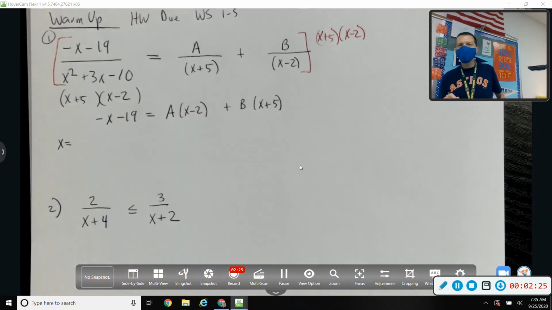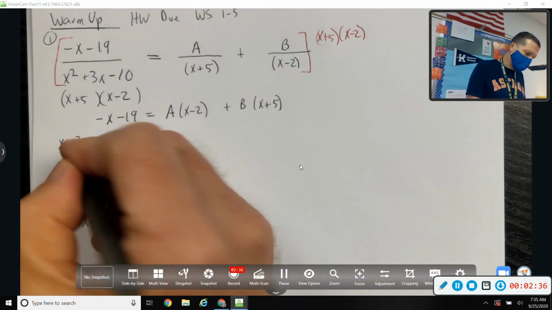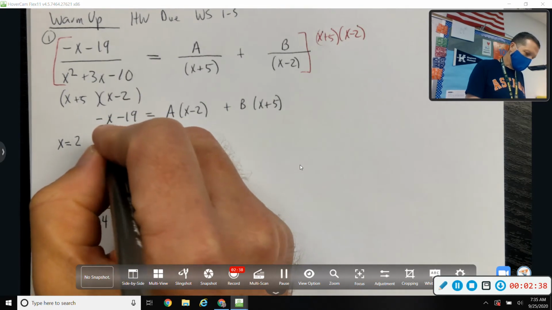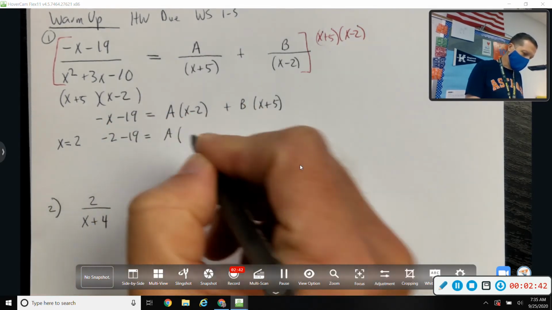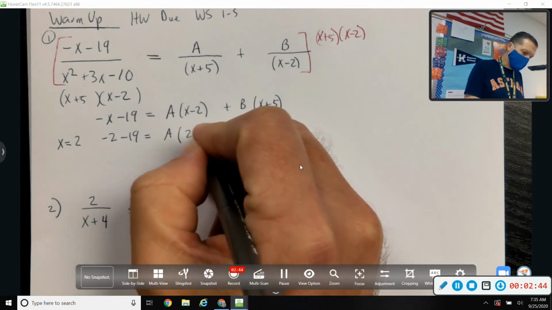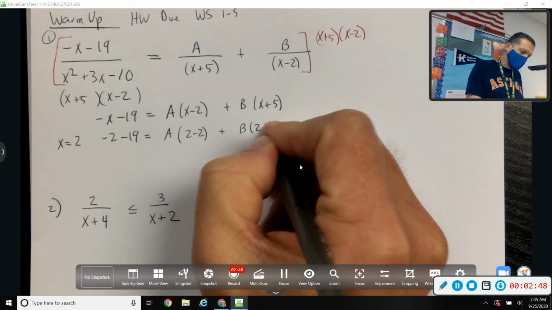What's a good value of x to pick? Yeah, I see 2. Let's try 2. That'll wipe out the x minus 2. So negative 2 minus 19 equals a times 2 minus 2, there's why we picked 2, plus b times 2 plus 5.